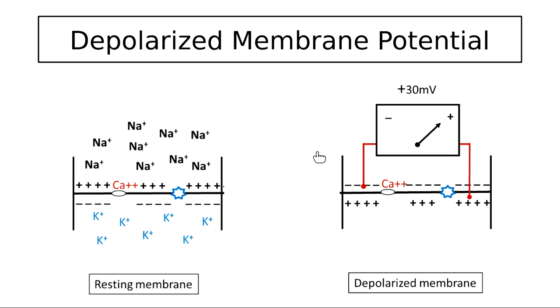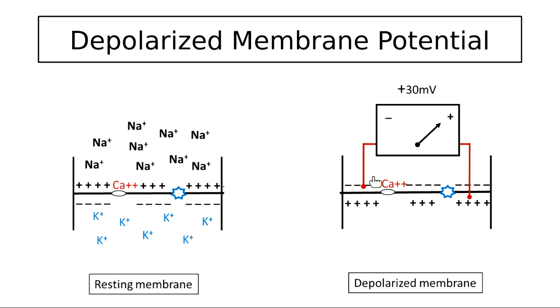Now we have a depolarized membrane here, and we're looking at graded potentials, or changes in the transmembrane potential over a small area. Here is a resting membrane, where remember, calcium is blocking the sodium channels, and it's going to be minus 70 millivolts, and a depolarized one, where the calcium's been taken away, at plus 30 millivolts, the calcium's come back.